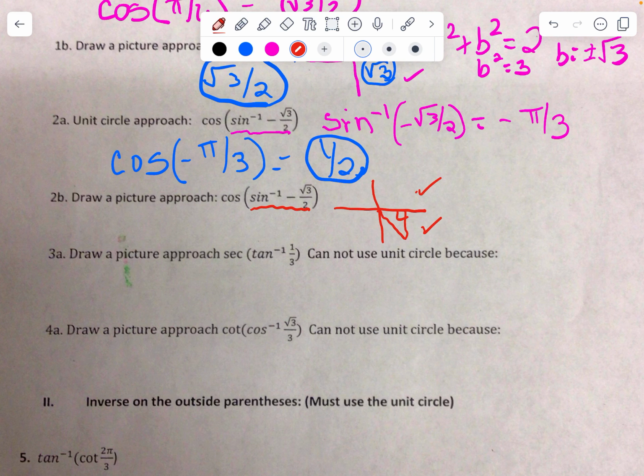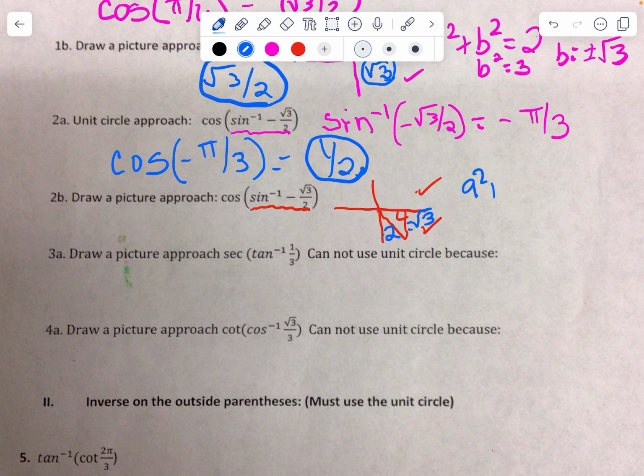The sine is opposite over hypotenuse, so this is negative √3. Put a negative there, and the hypotenuse is 2. And then once again, you do Pythagorean theorem to find the missing side of your triangle.